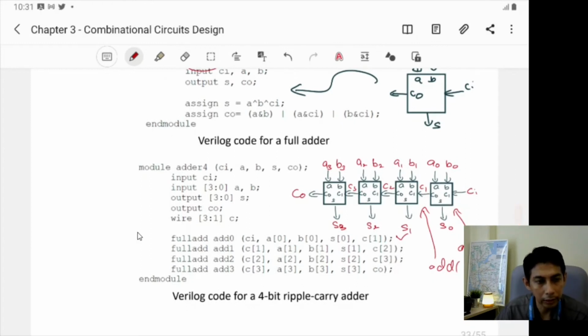Alright, so this is how you create the bigger circuit, the 4-bit adder, or even bigger adder, using a smaller 1-bit adder. Alright, this is a very good example of hierarchical design methodology and modularity concept, where we reuse a previous design to build another design.